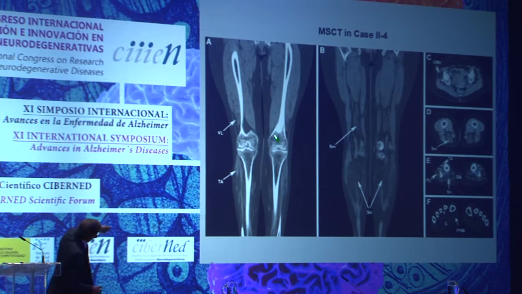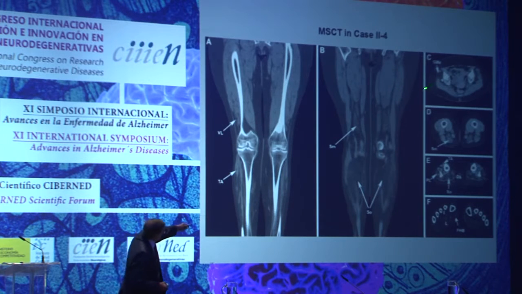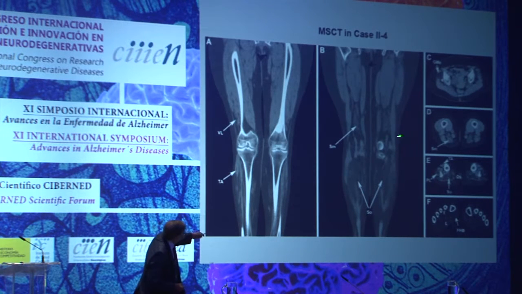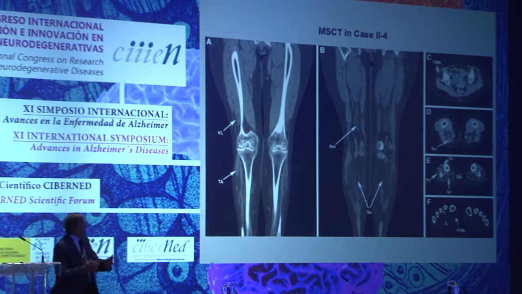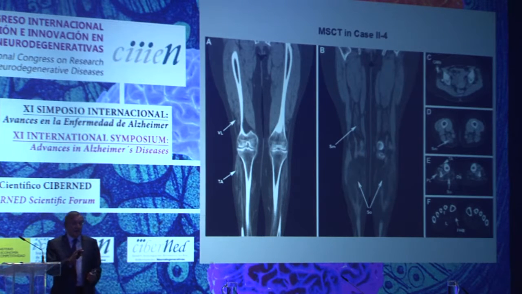This is a coronal section, anterior coronal section, posterior coronal section. You see axial section of the pelvis, axial section of mid-thighs, axial section of mid-lower legs and feet. Let me remind you that normal density is high for compact bone, and is low for subcutaneous fat, and the signal of muscle is intermediate.